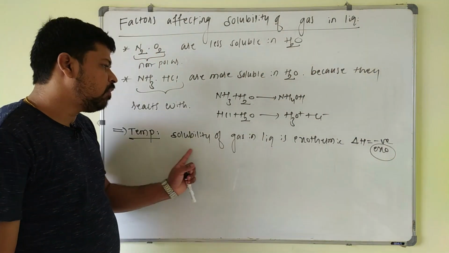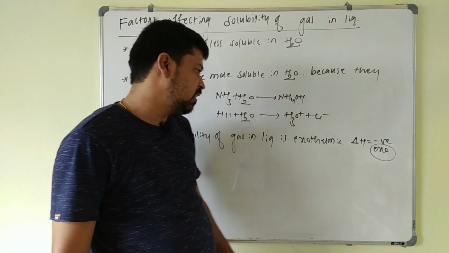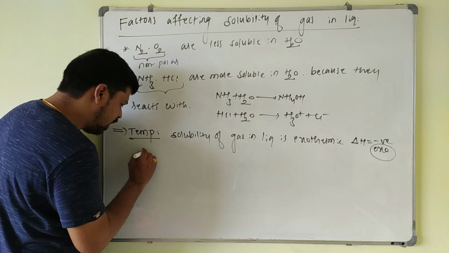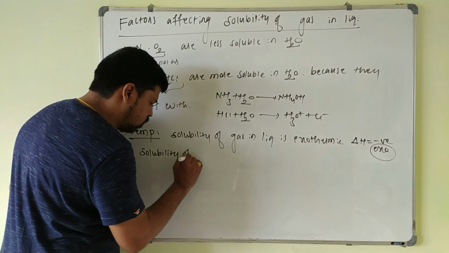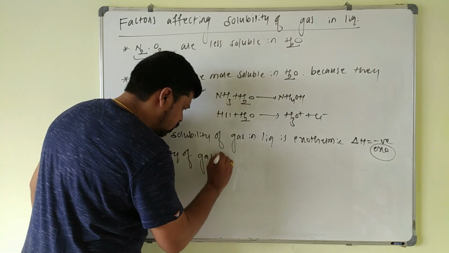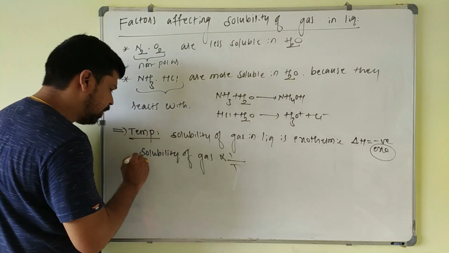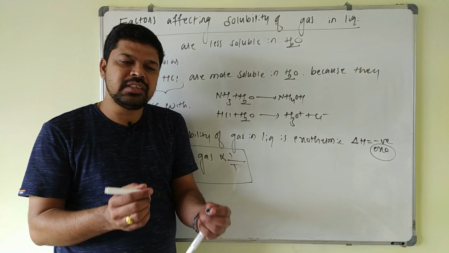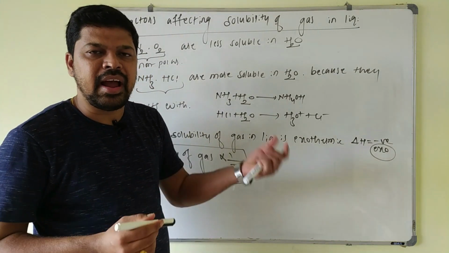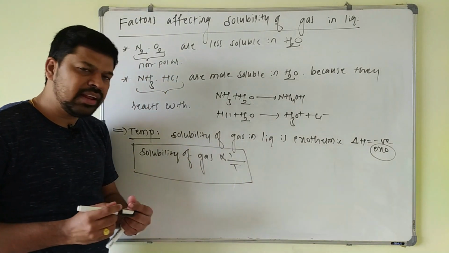So since the solubility of gas in liquid is exothermic in nature, the solubility of gas in liquid is inversely proportional to the temperature. That is, any gas at low temperature is more soluble in the liquid, and at high temperature it is less soluble in the liquid.